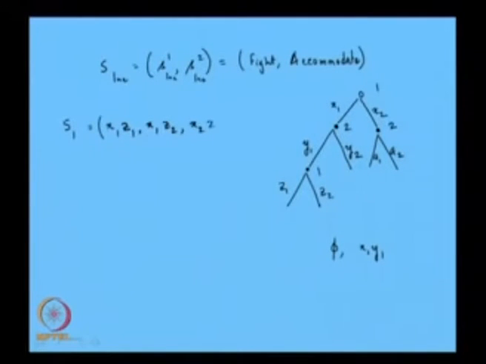So, he has to say either this or this. So, this is the strategy set of player 1. Before I elaborate a little bit about the last two strategies, let me write down the strategy set of player 2.